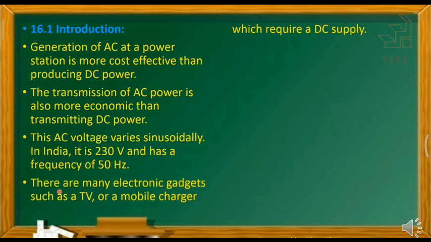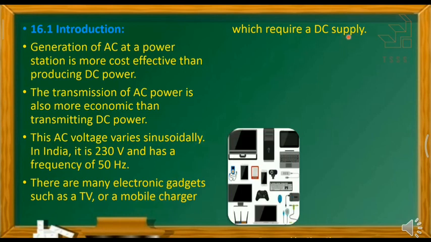There are many electronic gadgets such as TV or mobile charger which require a DC supply. So directly we don't connect AC to these mobiles and electronic gadgets. Generally our household supply is alternating current, because alternating current can be transmitted from one long distance place to another.